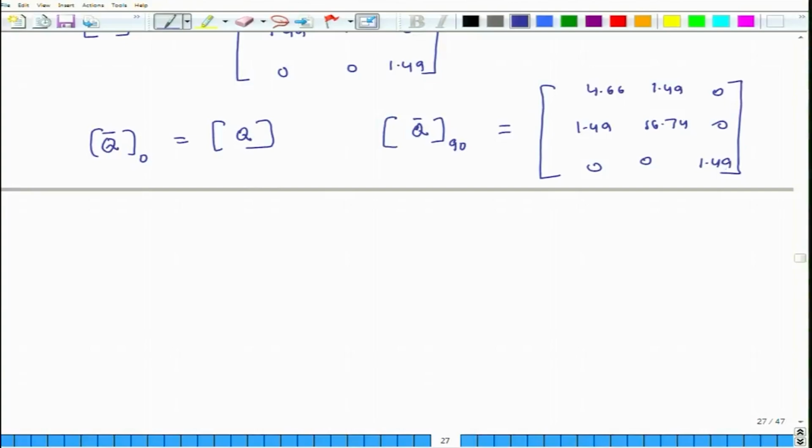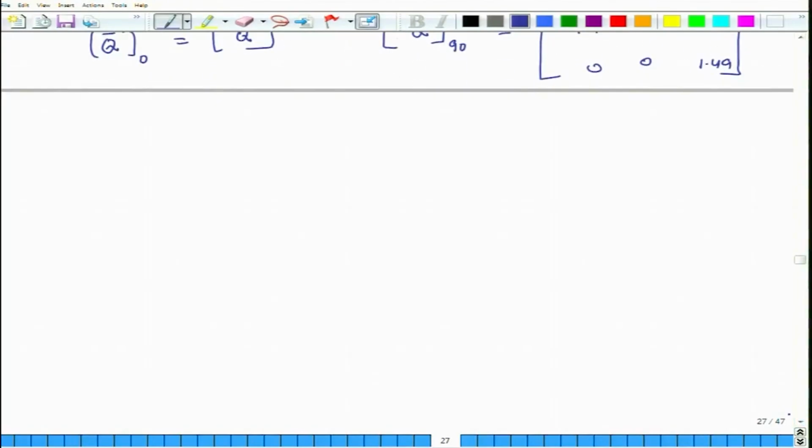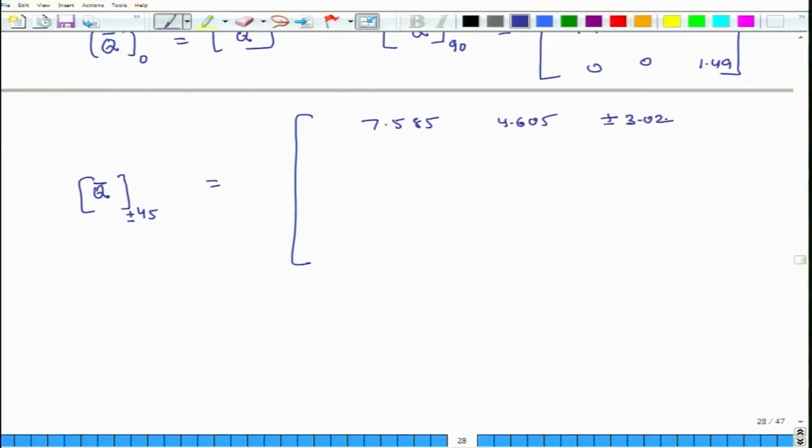And for 45 degrees, we actually use the relations which we have explained in the class. So, Q bar for 45 degrees works out as follows, and this is for both plus and minus. Wherever I have a plus sign, this is 7.585, 4.605 and plus minus 3.02.